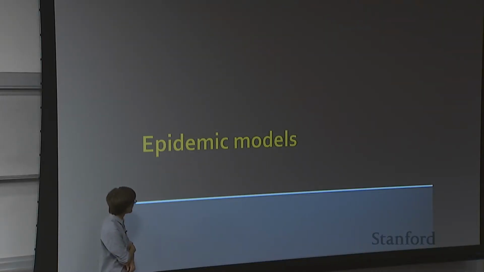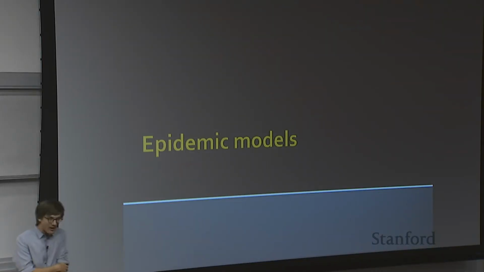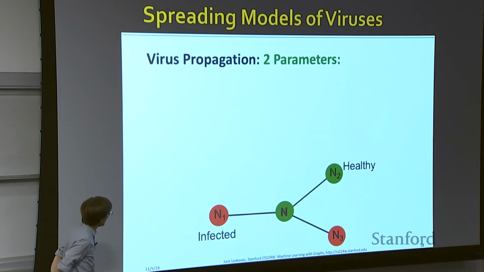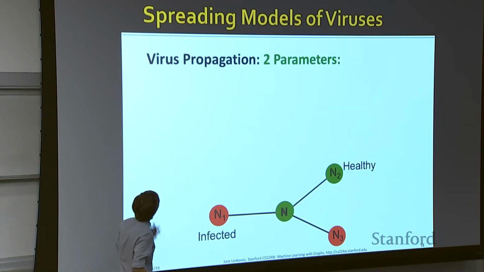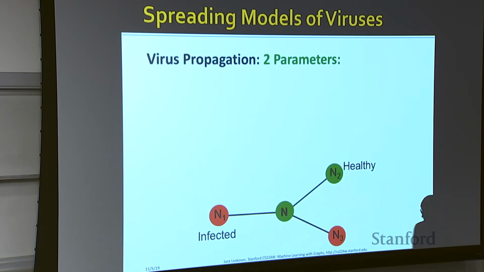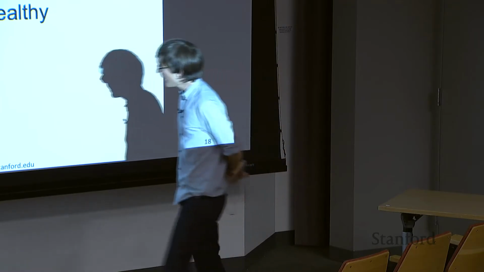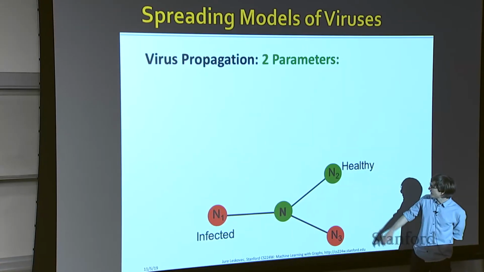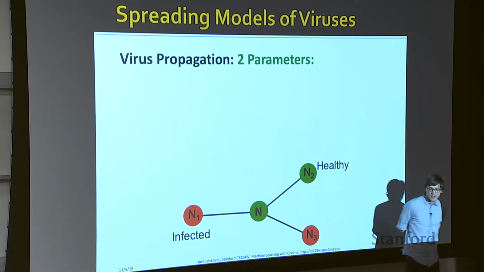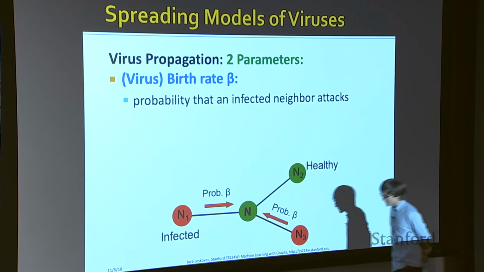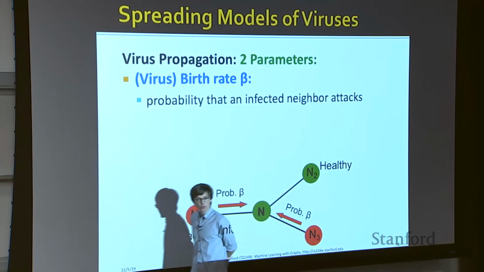This is awesome. So now I want to tell you about general epidemic models, kind of generalize what we talked about. And the idea will be the following, that we are really thinking of virus propagation, flu, measles, things like that. The way we think of this is that we have nodes on the network, and nodes can be in different states. Maybe green is healthy and red is infected. And we will have different types of parameters. At least we need 2 types of parameters.